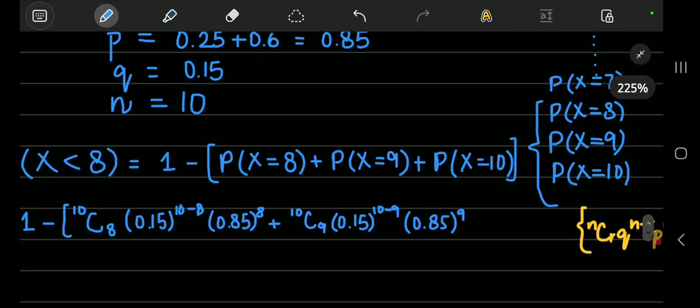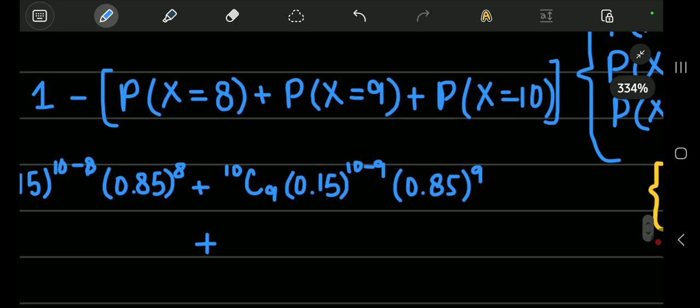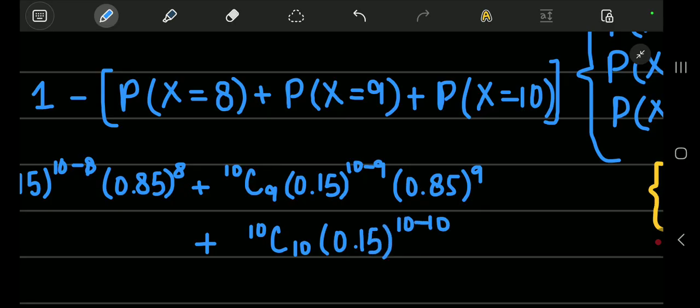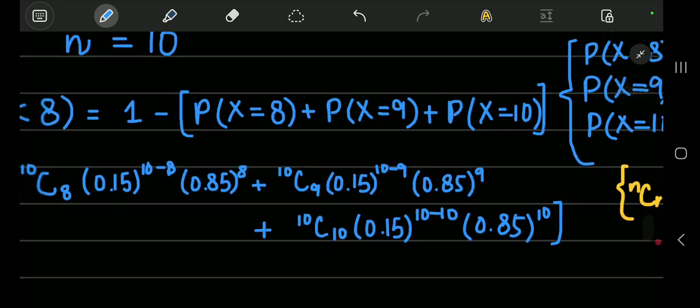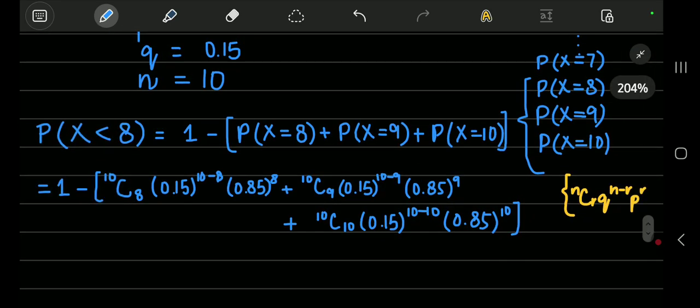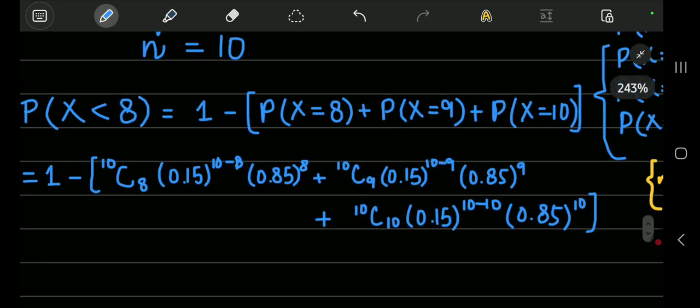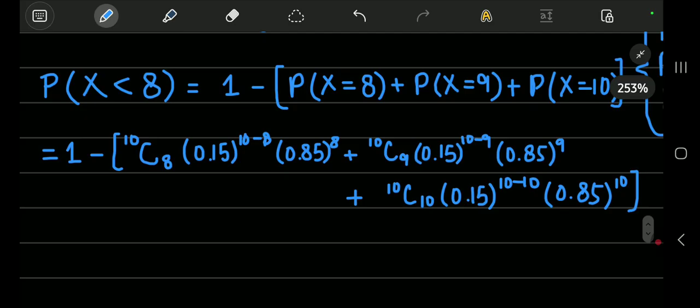Okay, and the one last term, 10C10, failure to the power n minus r, that means 10 minus 10, and success to the power r, that is 0.85 to the power 10. Subtract this all from 1. Directly do this in your calculator, and it will give you eventually 0.181.